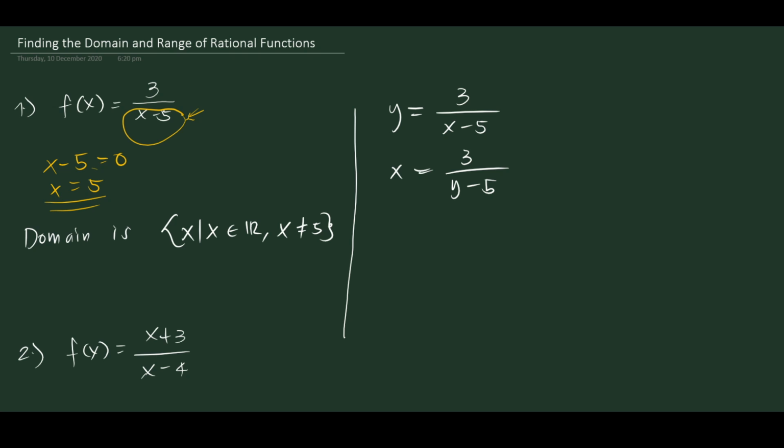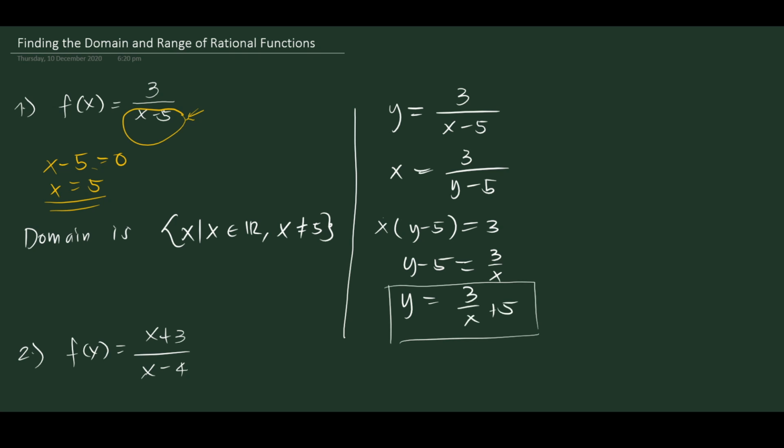By multiplying y minus 5 on both sides, we get x times y minus 5 is equal to 3. Now we can divide both sides by x, and you will get y minus 5 is equal to 3 over x. Then by adding 5 to both sides, you will get 3 over x plus 5. Okay, so this is now our inverse function.